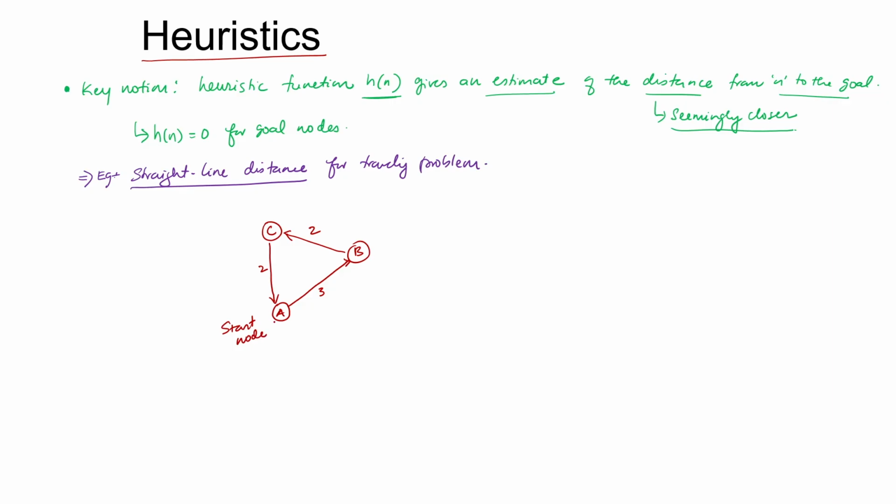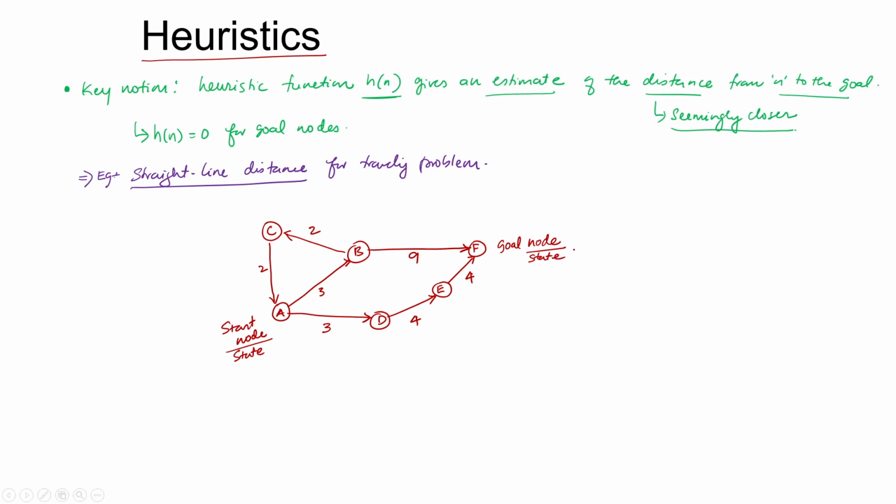Then you have D, distance is 3, and then E, the distance is 4, and there is F, the distance is 4, and here the distance is 9. Okay. And F was the goal state or goal node, you can call it node or state.